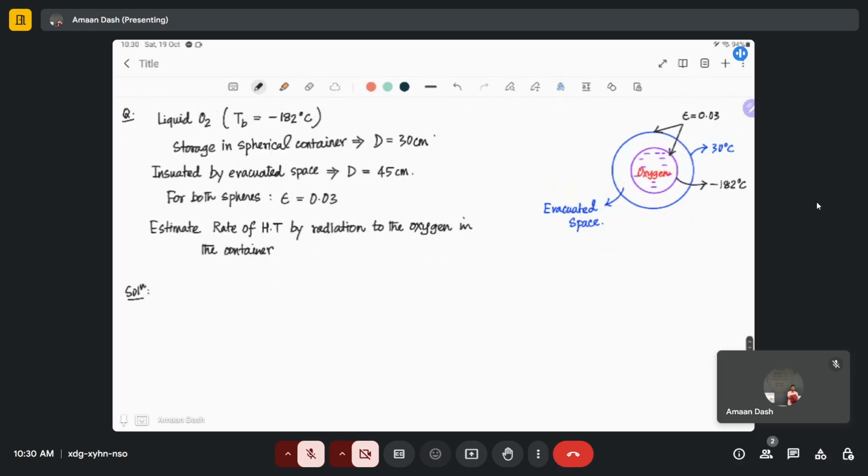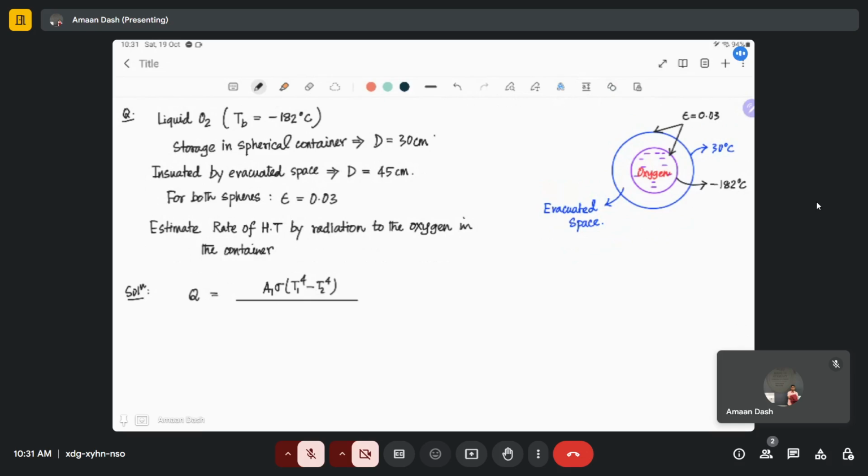So we can calculate Q equal to A1 sigma times T1 to the power of 4 minus T2 to the power of 4.